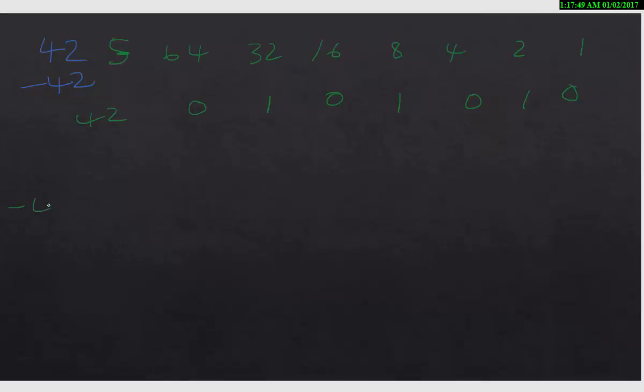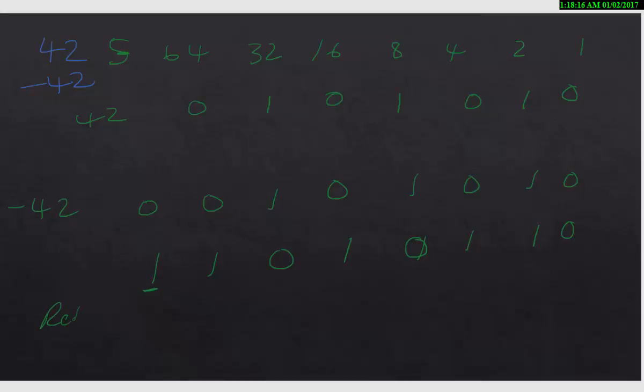But for minus 42, it will be 0, 1, 0, 1, 0, 1, 0, and obviously that's 0. And then there will be copied, flipped. So you copy until you reach 1, and then you flip the rest, and then that becomes your indicator.